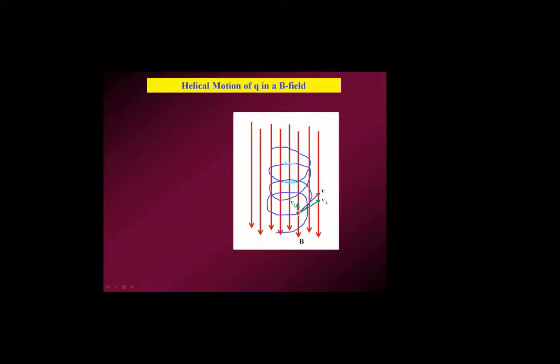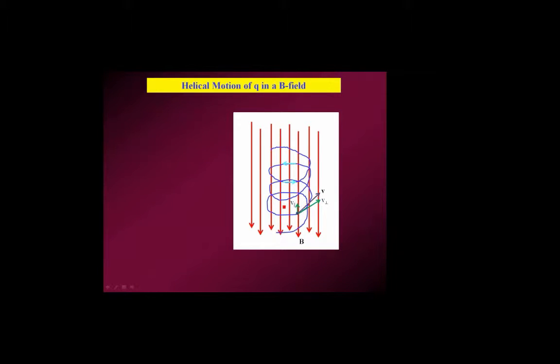So if you allow the particle to move along the B field, you would have no force on the particle, and it would just simply move parallel. If you only had the perpendicular motion, then you're going to stay in the plane and simply go in a circle. However, if we have both, then the particle will have uniform velocity in this direction. In this direction it will undergo the circular motion.